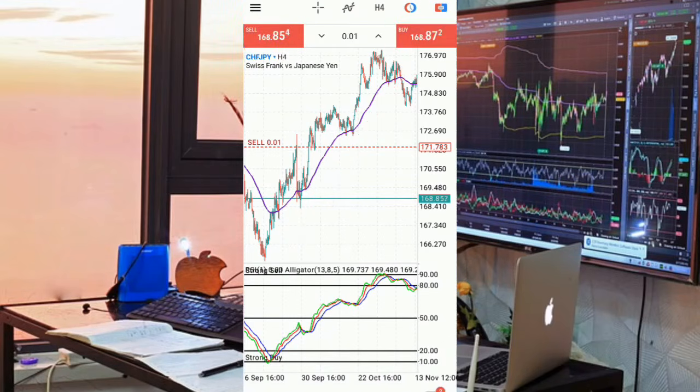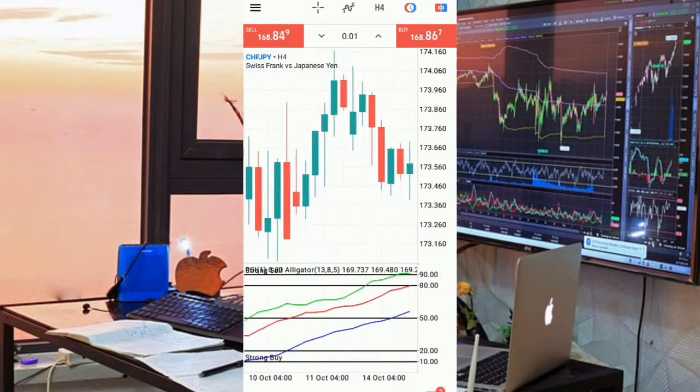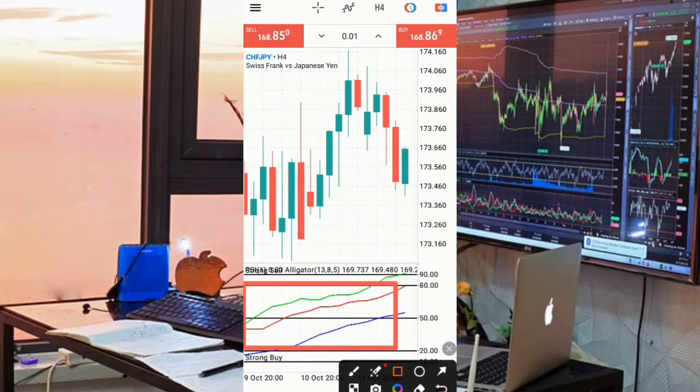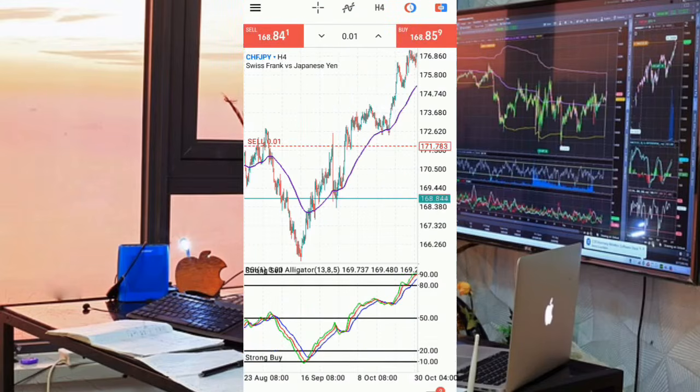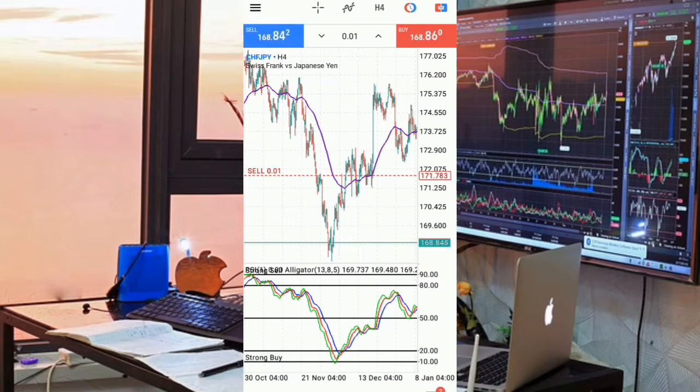That's basically it. As long as the alligator is open like this, for instance just down here, that is the time you can confirm using the moving average that price is going to be bullish or bearish, depending on the direction of the alligator.